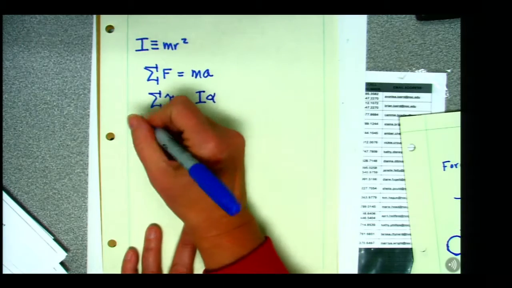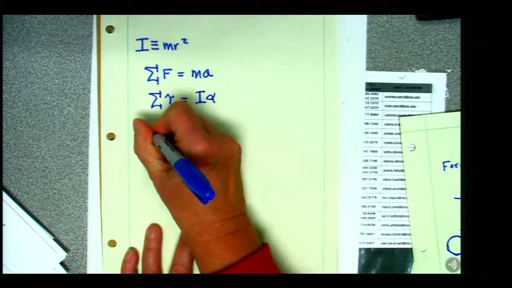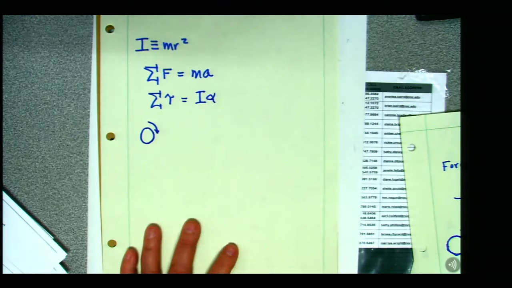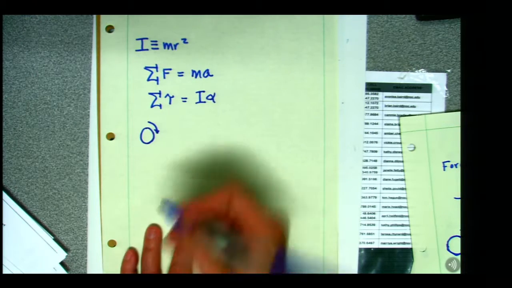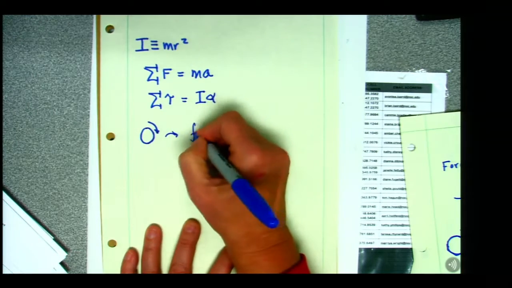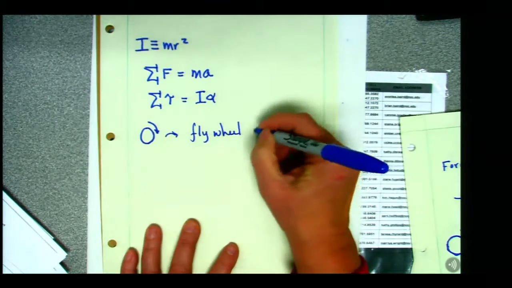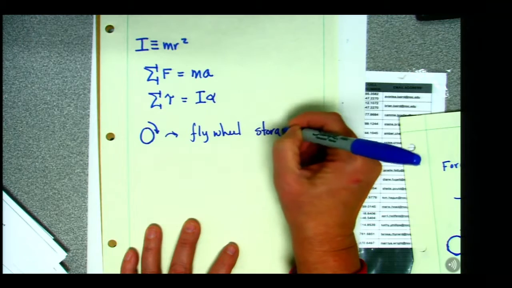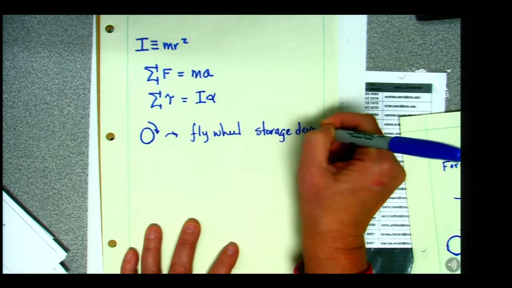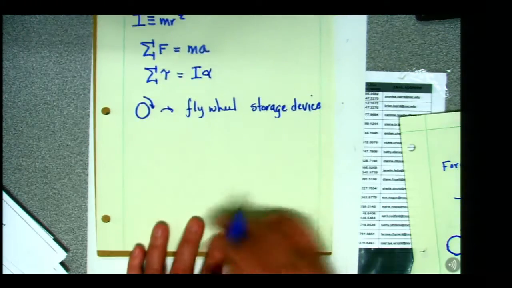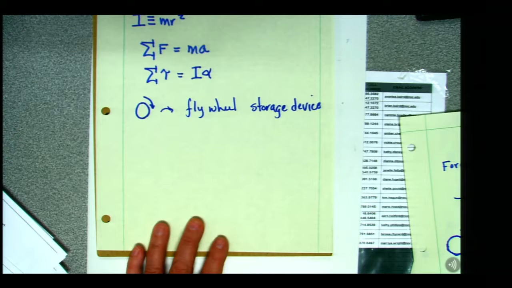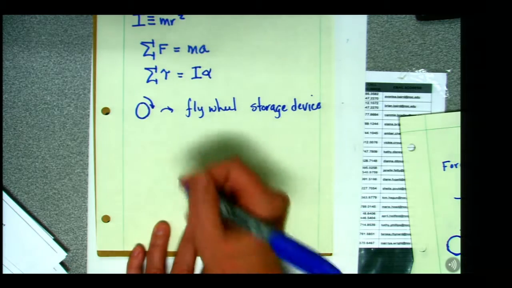But let's also look at what's happening when I'm rotating something. If I'm looking at a flywheel, I can store energy in it, because that's a storage device. If you've ever looked at an old square baler, you'll see that lovely storage device in the big flywheel that helps carry things through.